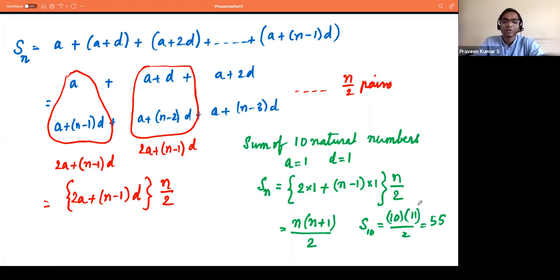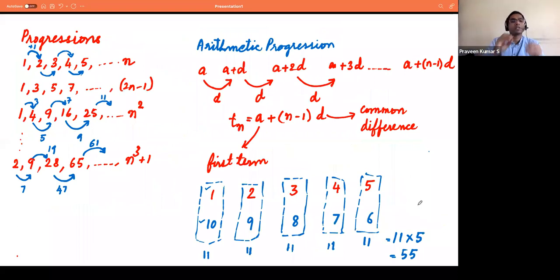The first number you are expecting to be 2, and the common difference between all those numbers is again 2. Then you will substitute those. Remember that all these arithmetic progressions are basically sequences of numbers where there is a common difference, or the difference between the numbers remains constant.